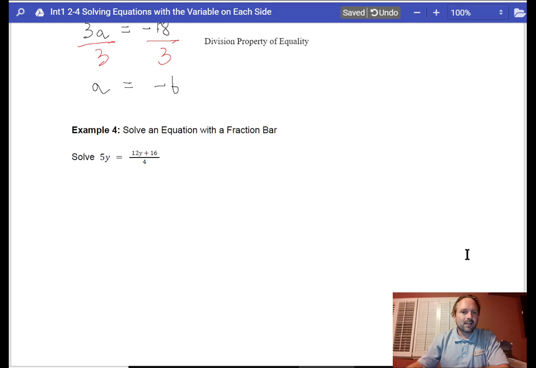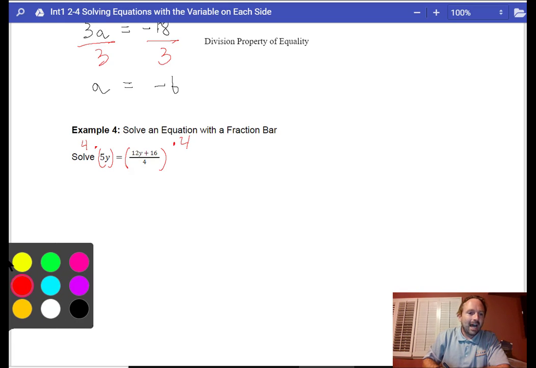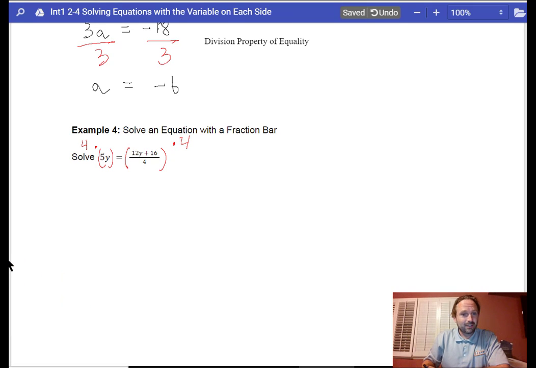Solve an equation with a fraction bar. All right, so the first thing I tell you is I would get rid of fractions. So just multiply by 4 on both sides using the multiplication property of equality. Because the opposite of dividing, a fraction with a denominator of 4, that'd be divide by 4, is times 4.